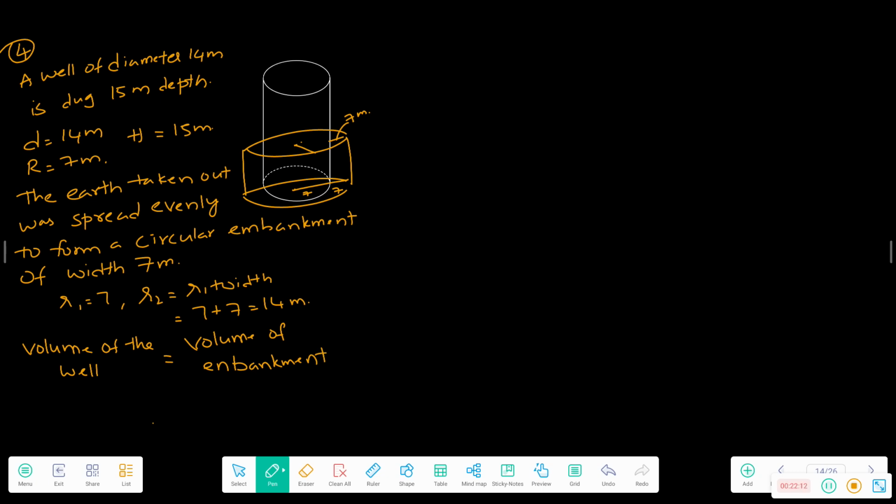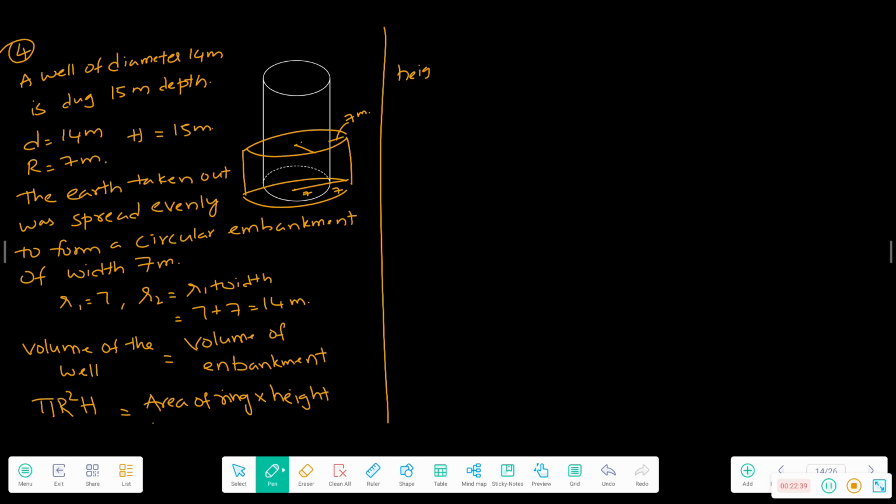Volume of well, we know that it is pi r square h. And volume of embankment is nothing but area of ring into height. Now he asked to find the height of the embankment. He asked to find how much the height of the embankment is.